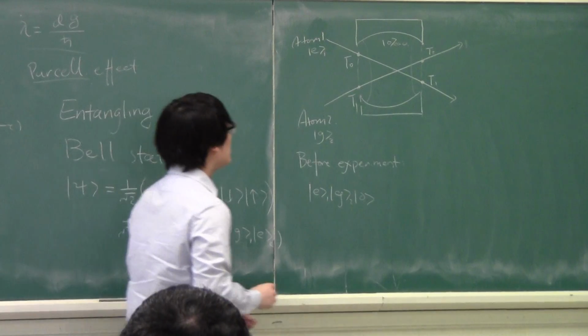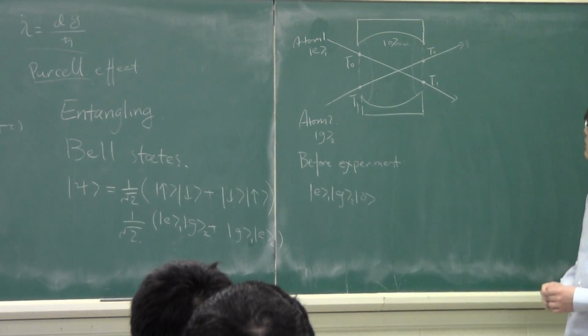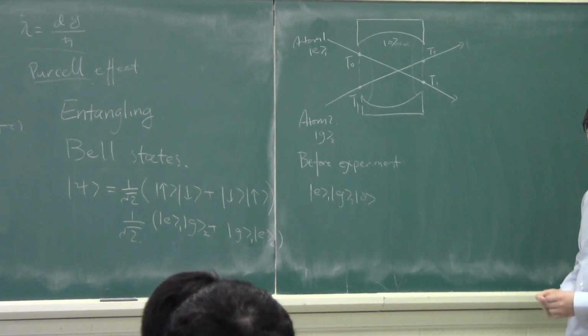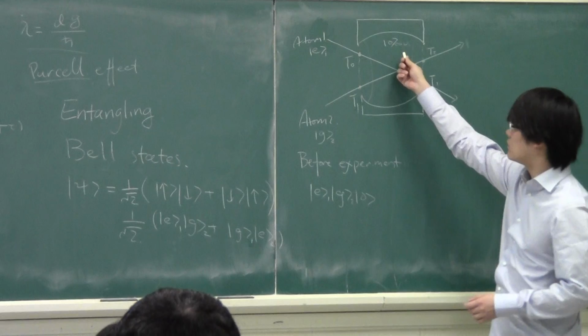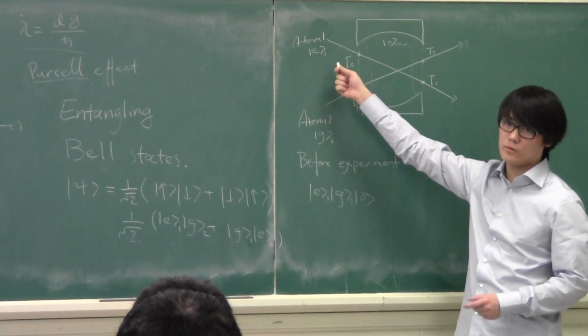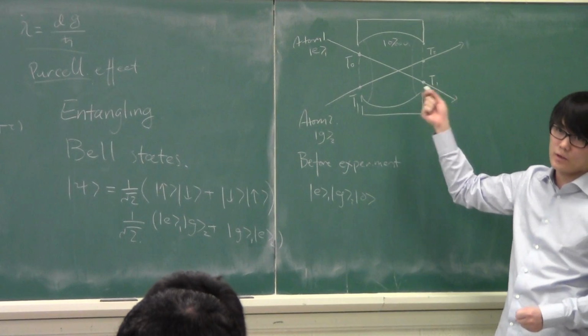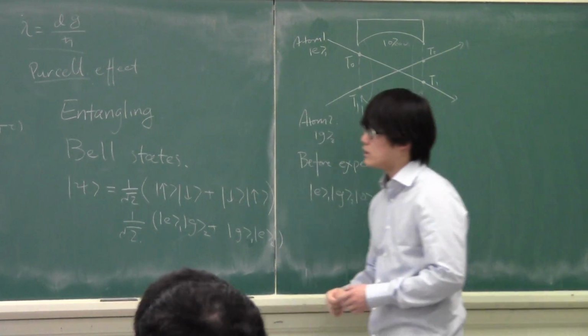Now let's consider what happens as atom 1 enters the cavity at T0. Once it enters the cavity, because the cavity is at 0 and the atom is excited, there is a chance for the atom to transition and give off one photon to the cavity.